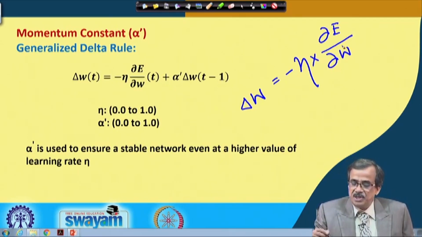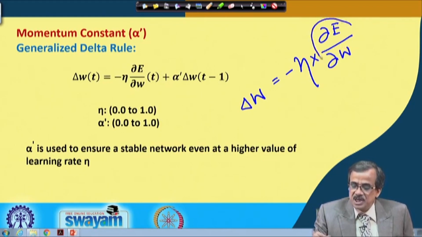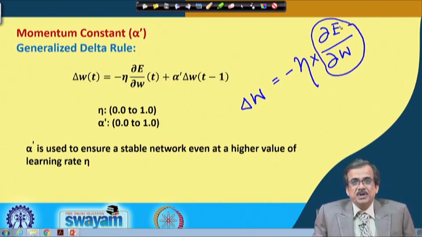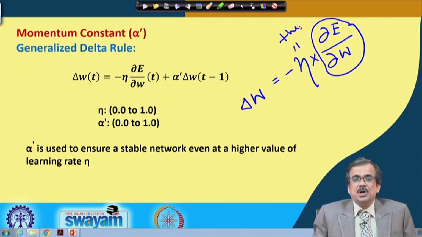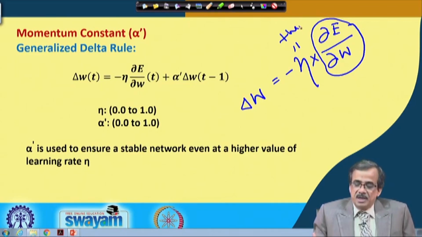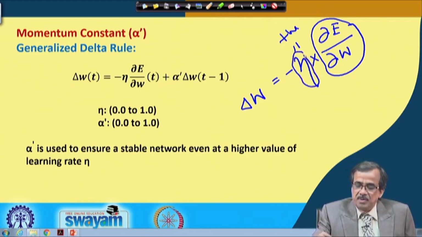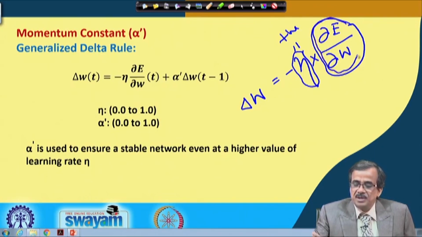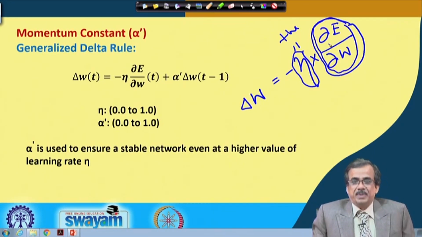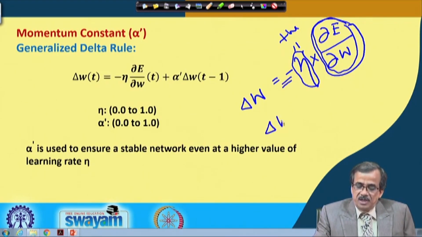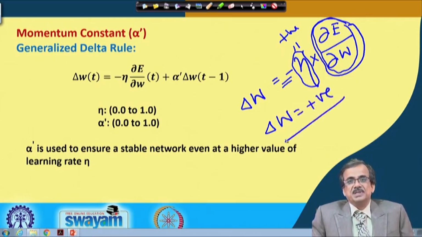Now, this partial derivative could be either positive or negative, but this eta is always positive and lies in the range of 0 to 1. Supposing the derivative has become negative, and here I have got another negative sign, that will make delta W a positive value in some of the iterations.